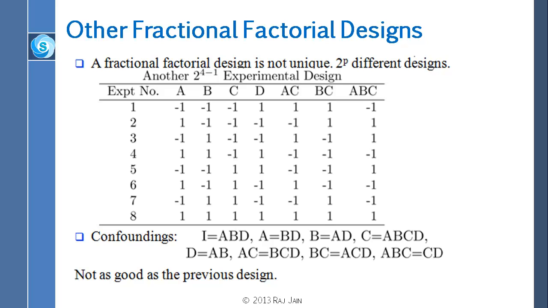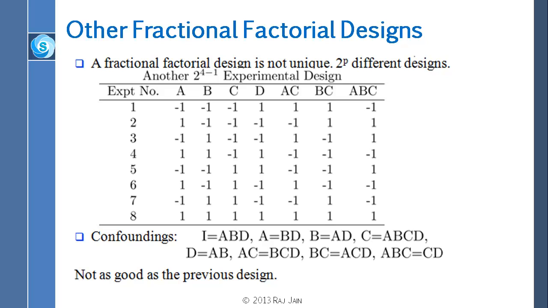This is actually another design, not the previous design. Its confoundings are written here. And this is not as good as the previous design. The previous design was this one. And this is another 2 raised to 4 minus 1 design. Here what we did was we put D equal to AB. Since we put D equal to AB, this resulted in these confoundings.